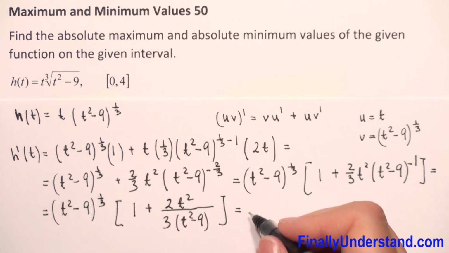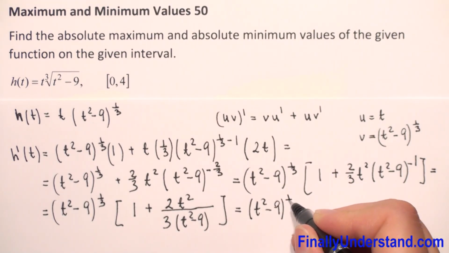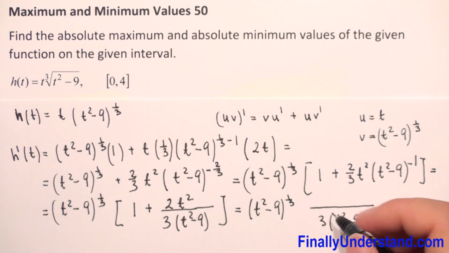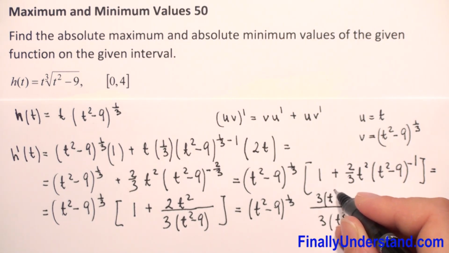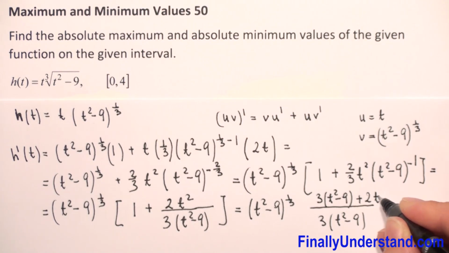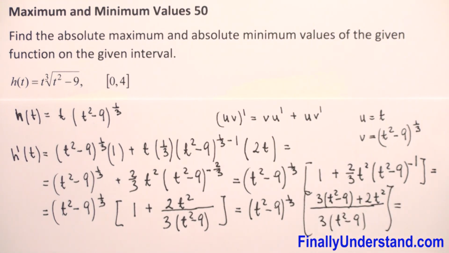So let me copy the beginning, t squared minus 9 to the power 1/3. The common denominator will be 3 times t squared minus 9, so in the numerator we have 3 times t squared minus 9 plus 2t squared. So this is equal, I can put in parentheses this whole expression.